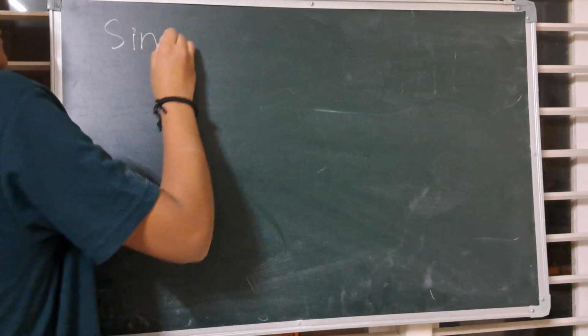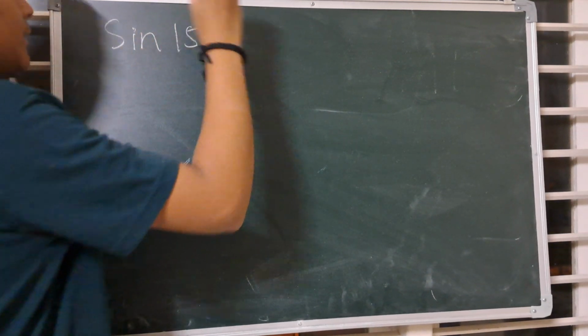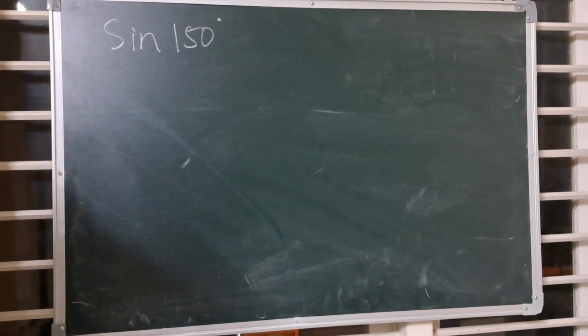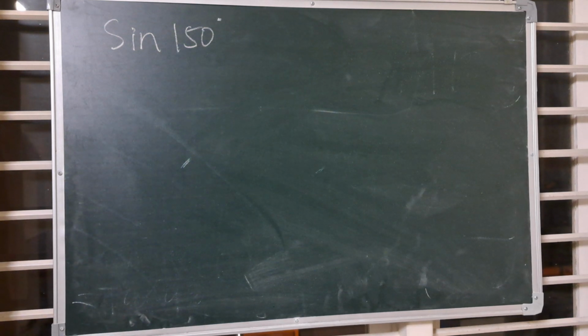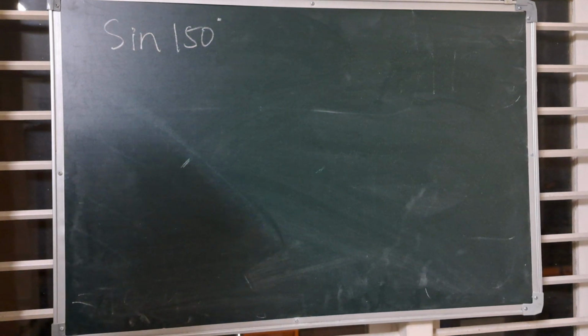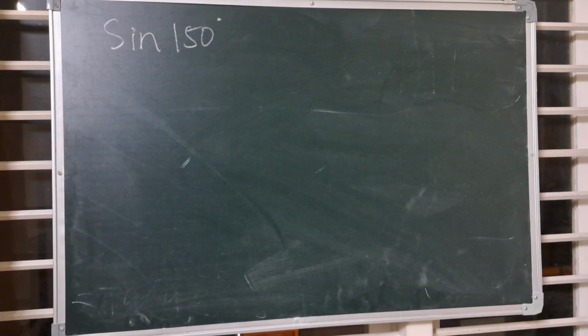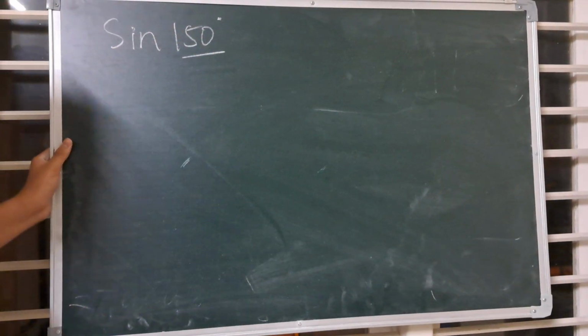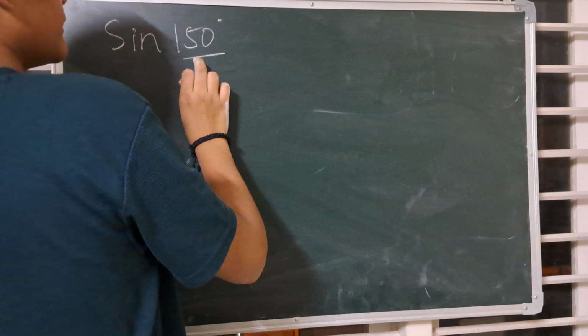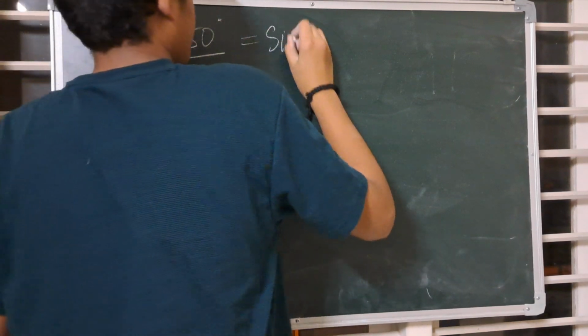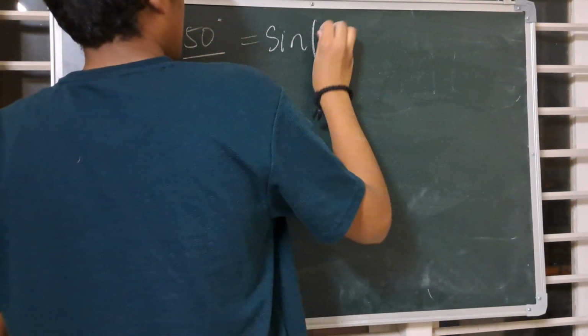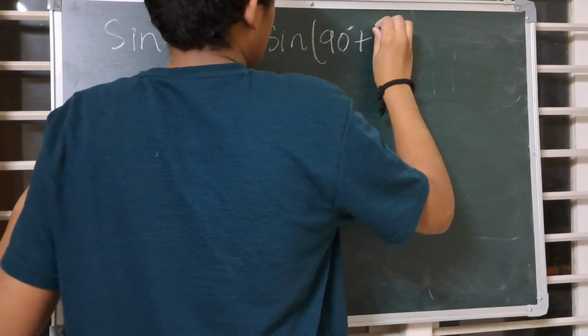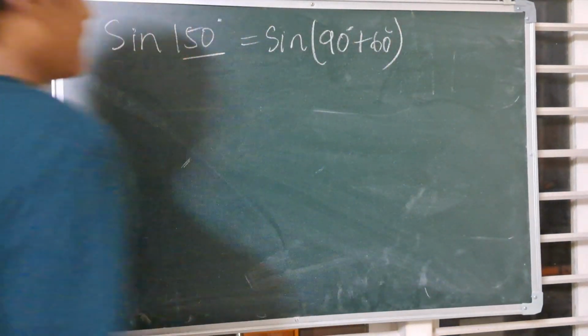First we will take a basic example, that is sine 150 degrees. How do we find the value of sine 150 degrees? First we write this 150 as sine of 90 degrees plus 60 degrees.